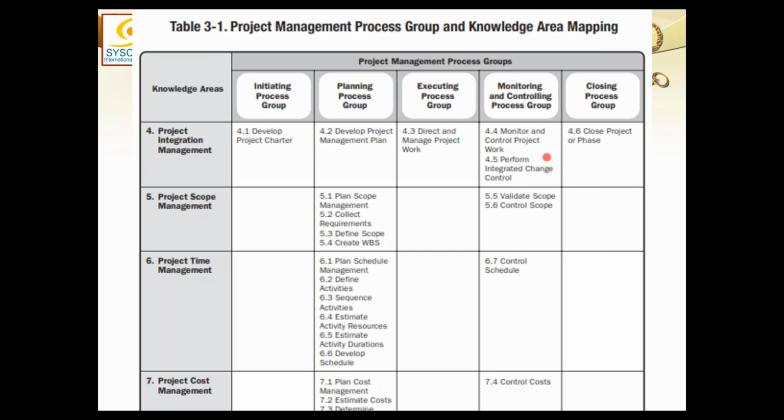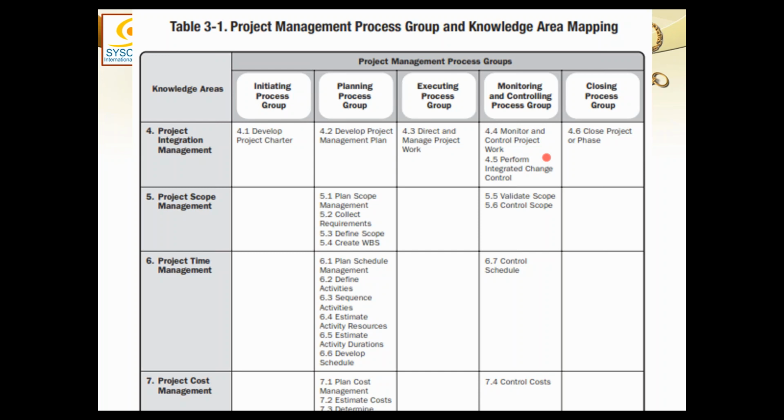Let me explain. In monitoring and control, you have to do two things. First of all, you have to do an in-depth analysis of whatever has happened in execution, whether it has happened according to the plan or in deviation from the plan. Whatever has happened, that has to be analyzed thoroughly.